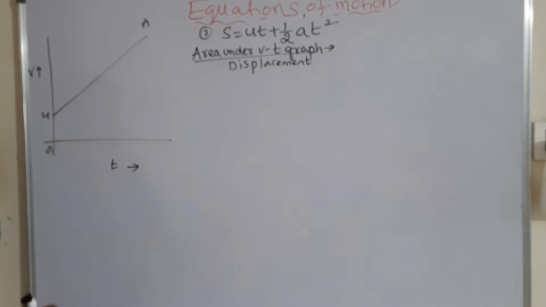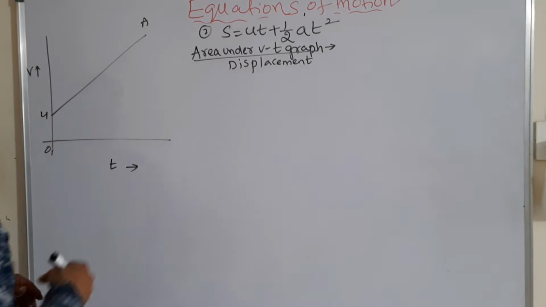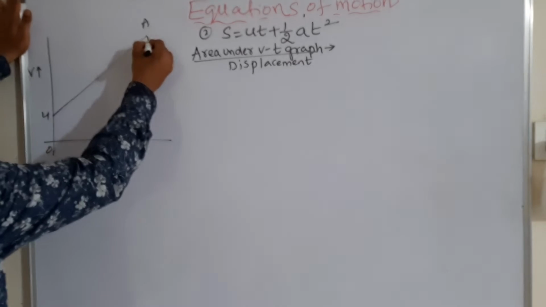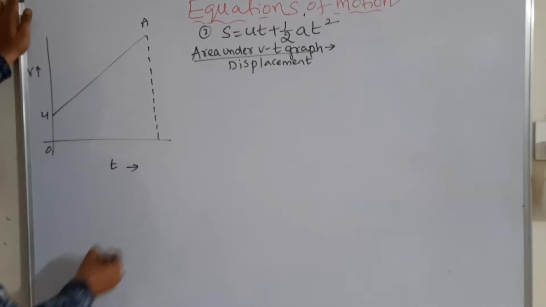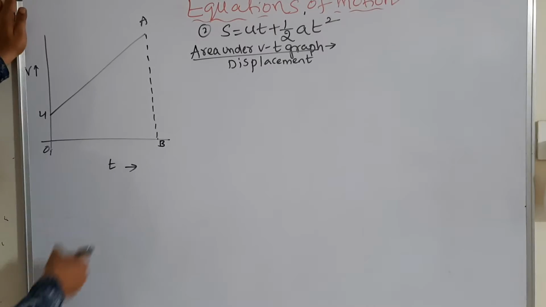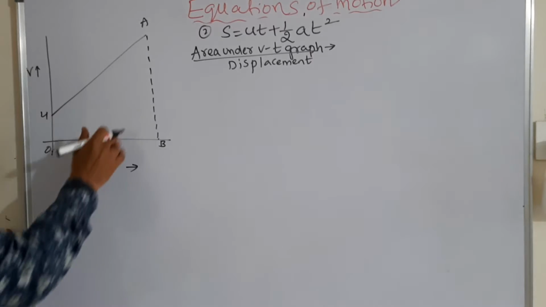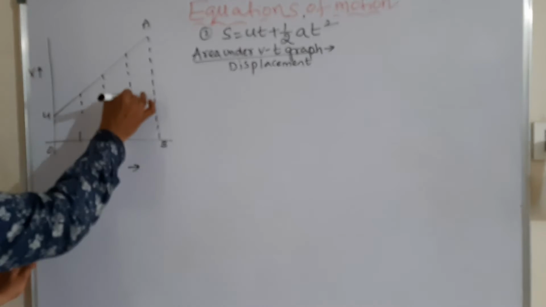Now you want to find the area under the VT graph, because in this equation displacement is involved. For this purpose, draw a perpendicular line on the x-axis. Suppose this point is B. Now we want to find the area under the graph, that means we want to find this entire area.